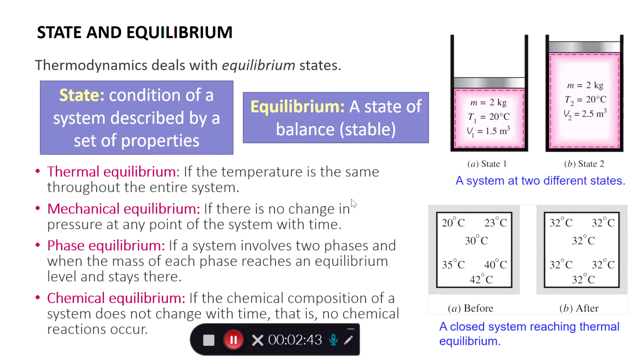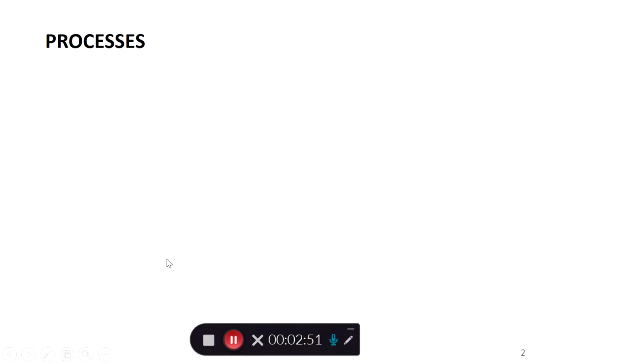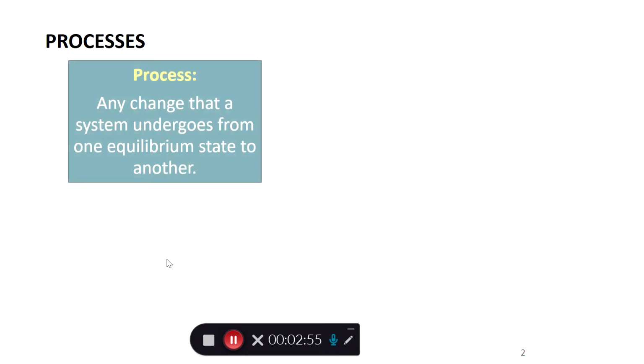Now, there are other equilibrium states: mechanical, phase, and chemical equilibrium, but we're not going to focus on those in this chapter. Now, let's look at processes and their definition. A process is basically any change that a system undergoes from one equilibrium state to another. Look at a process as you going to class, for example.